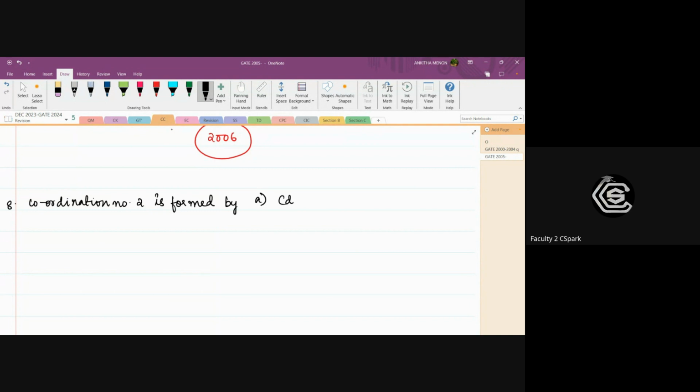Option A, cadmium 2+, mercury 2+. Option B, copper 2+ and mercury +. Option C, cadmium 2+, mercury +. Option D, copper +, Hg 2+. Looking at the options, you can immediately cancel 2 of them. Which are those 2?